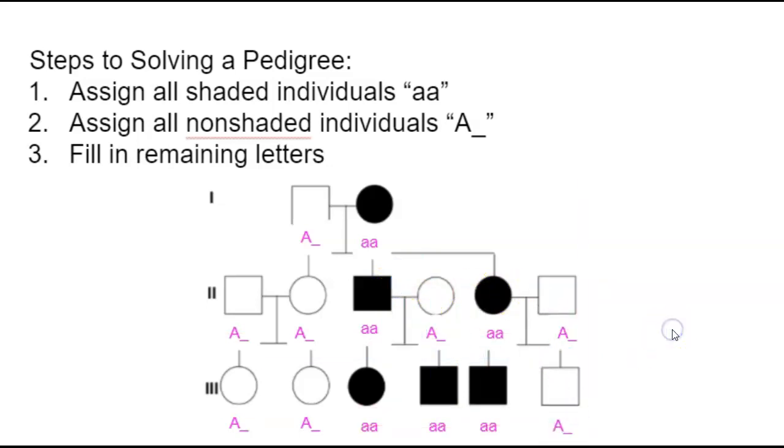So each individual is going to have 2 letters. I tell people to always start with the individuals that have the disease, the shaded individuals. Okay, they're going to give you the most clues. So let's start up here with this shaded individual. You'll notice there's a line, it's kind of hard to see because I obscured it. These 2 parents have 3 kids, 1, 2, and 3.